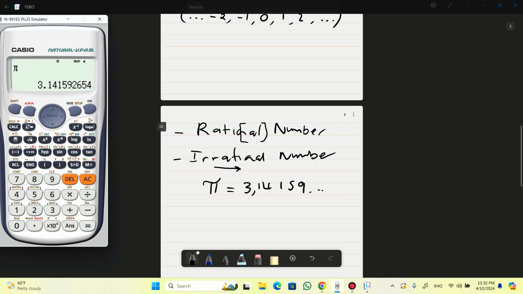This number doesn't end here, it continues and continues, because the calculator is small and can only express that portion. But if you look at it on your laptop, on a bigger screen like a TV, you will see a bigger number, and on a much bigger screen, you'll see that this number does not end. It cannot be simplified.